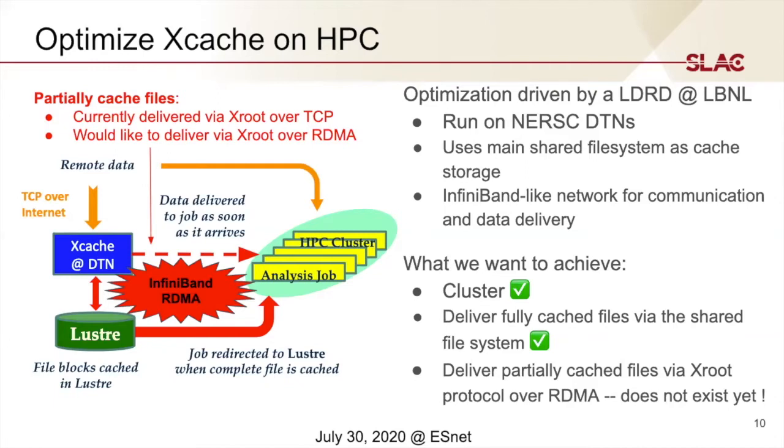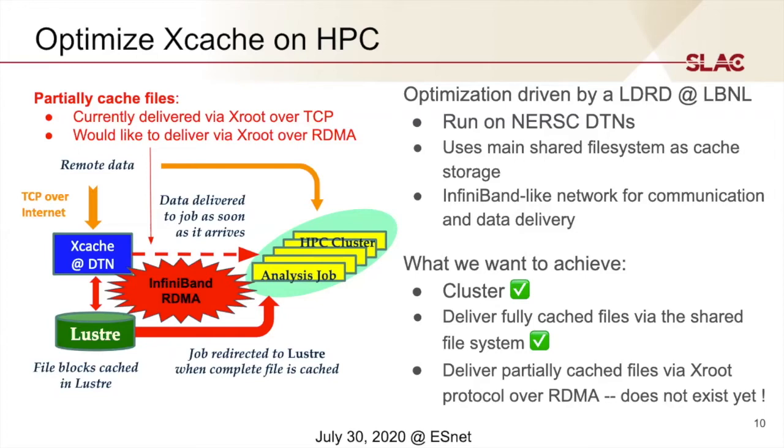When the jobs running on the batch nodes need a file, Xcache can certainly get the data from the remote data source, and then, as the data blocks come in, Xcache starts to deliver data to the HPC node. Currently we can only deliver data through TCP connections over Ethernet.